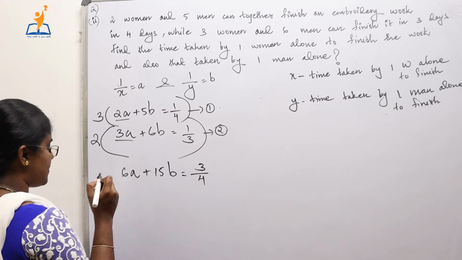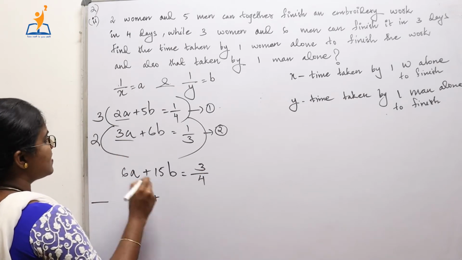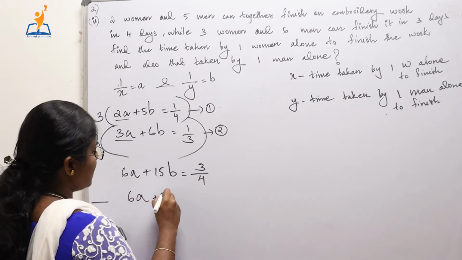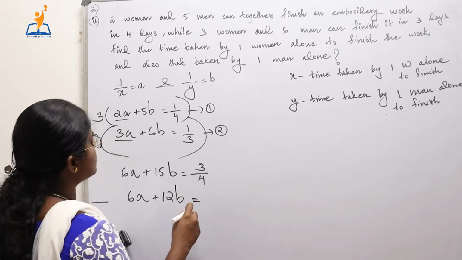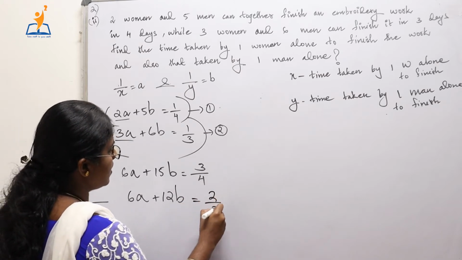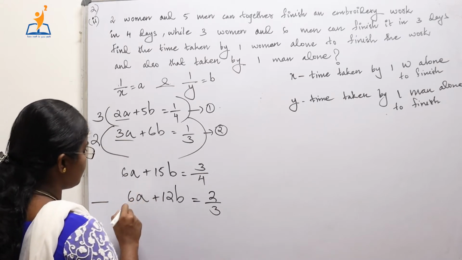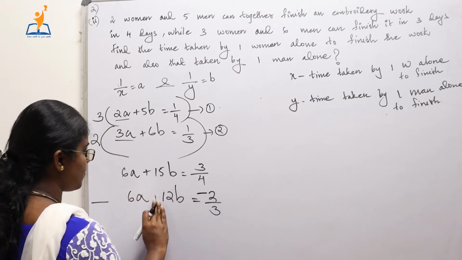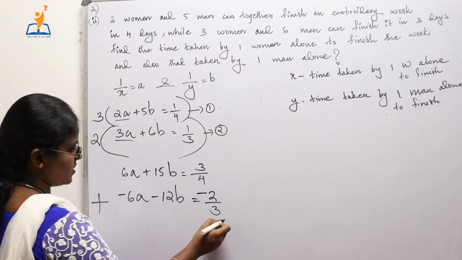And we are going to subtract the next equation, that is 2 into 3 is 6A plus 2 into 6 is 12B, which is equal to 2 by 3. So now we are going to subtract, therefore we will change the sign and then add these equations.